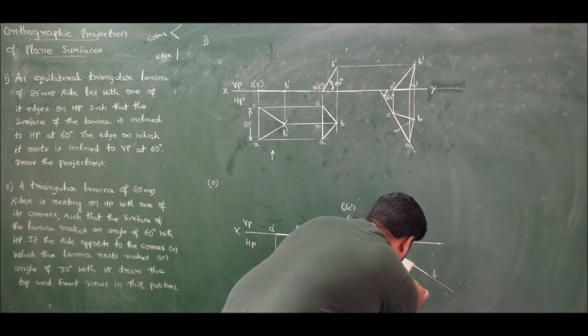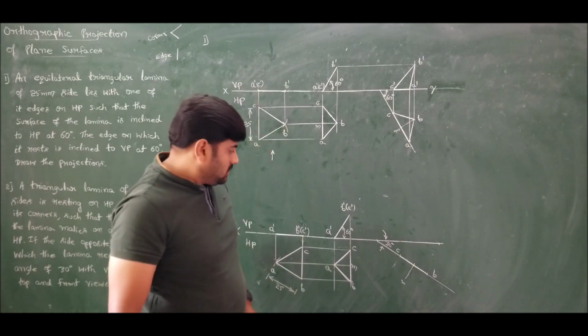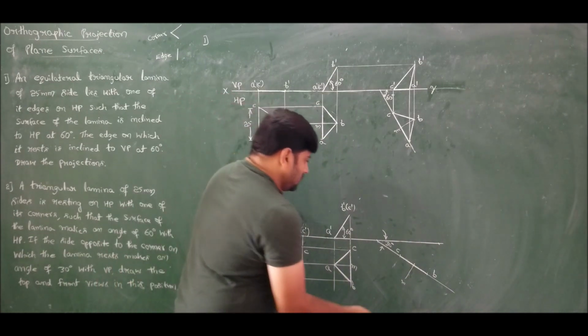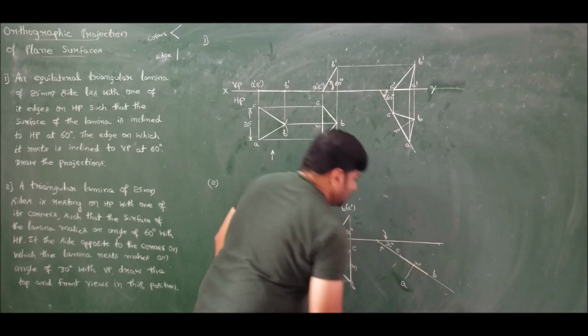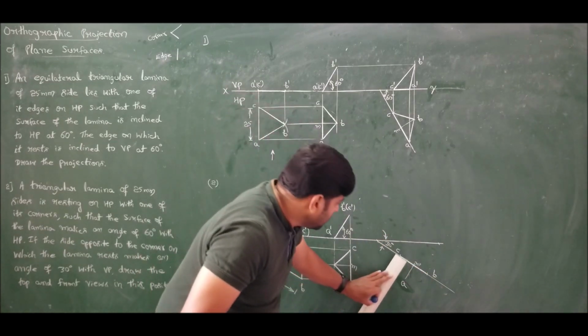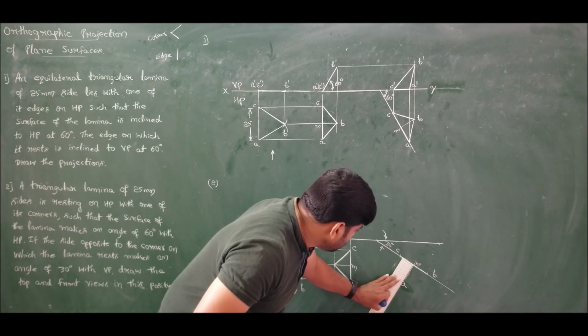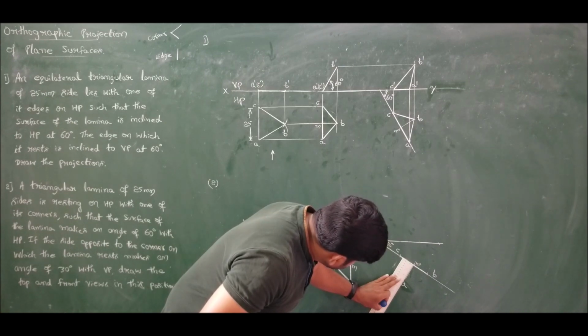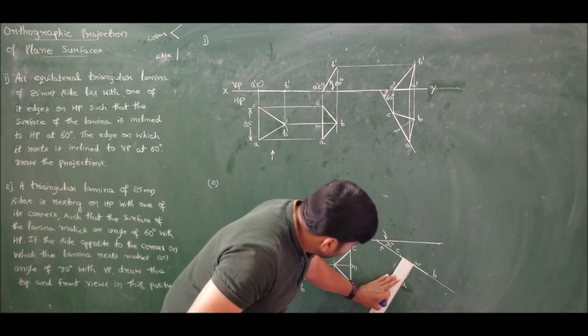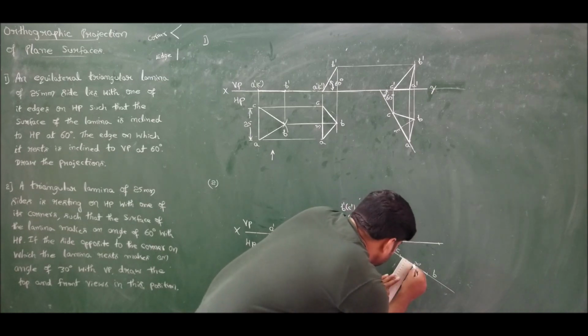The lamina is ABC. Clear? Sorry, this is A. Directly I will get A. This is M. Correct? And this is measuring 12 mm.